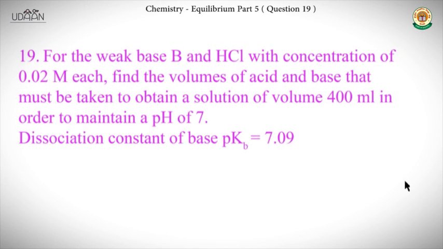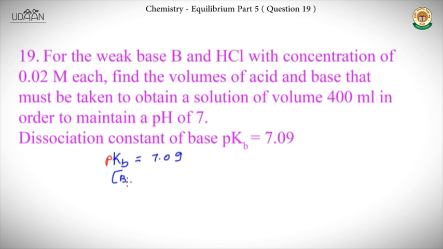So we start with question number 19 now. For the weak base B and HCl with concentration of 0.02 molar each, find the volumes of acid and base that must be taken to obtain a solution of volume 400 ml in order to maintain a pH of 7. The dissociation constant of the base is pKb equal to 7.09. How will we do this? In the question, I know the value of pKb for the base is 7.09.